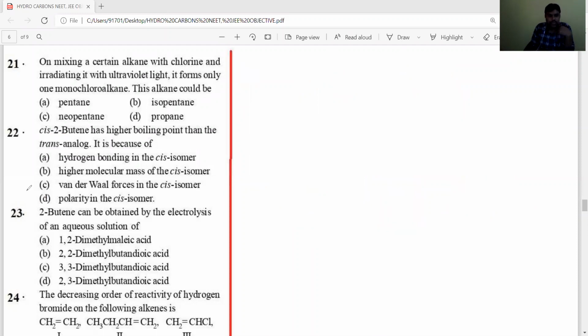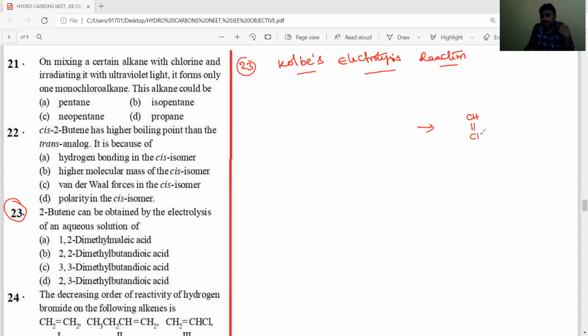The 23rd question: butene is obtained by electrolysis, meaning it is a Kolbe electrolysis question. In this Kolbe electrolysis reaction, the product is butene, CH3.